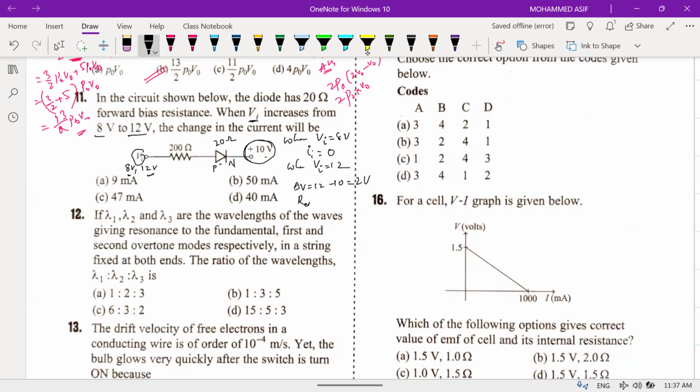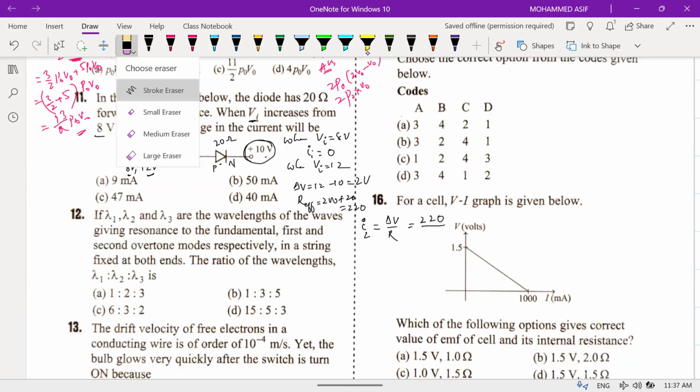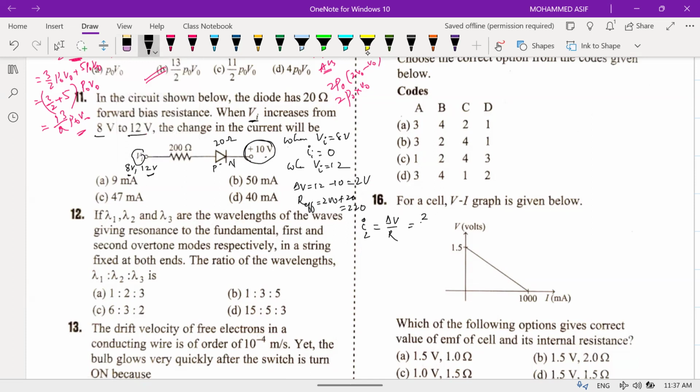So R effective will be equal to how much? 200 plus 20, series combination. It will be 220. So what is the current I2? I2 is equal to delta V divided by R. Delta V is 2 volts. So it is 2 divided by R.